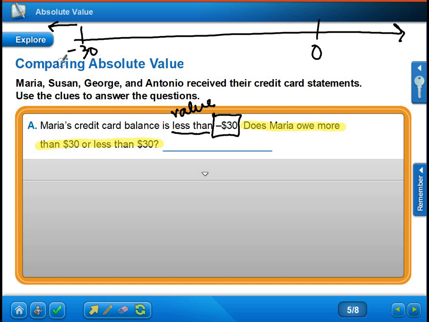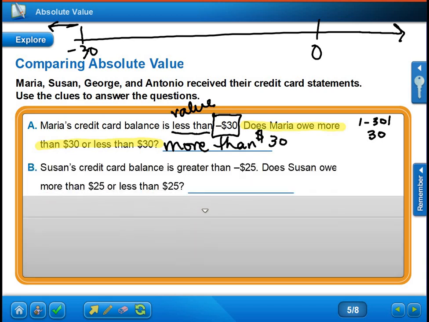So their value gets smaller, but the amount gets higher. So we use absolute value and say, the absolute value, so what she owes, is $30. The absolute values of everything that is this way on the number line are all going to be higher than 30. So in this case, she owes more than $30.